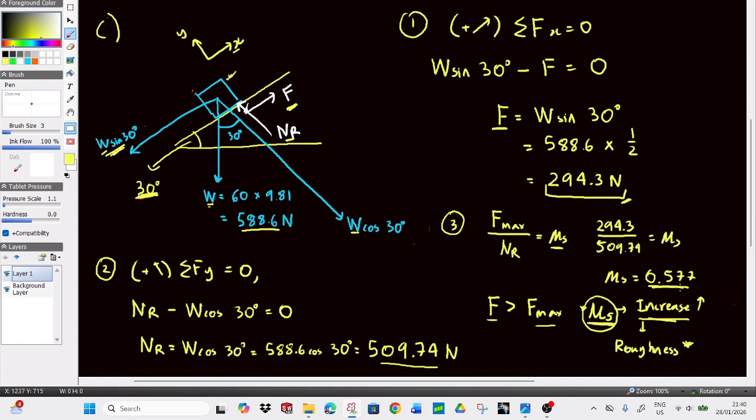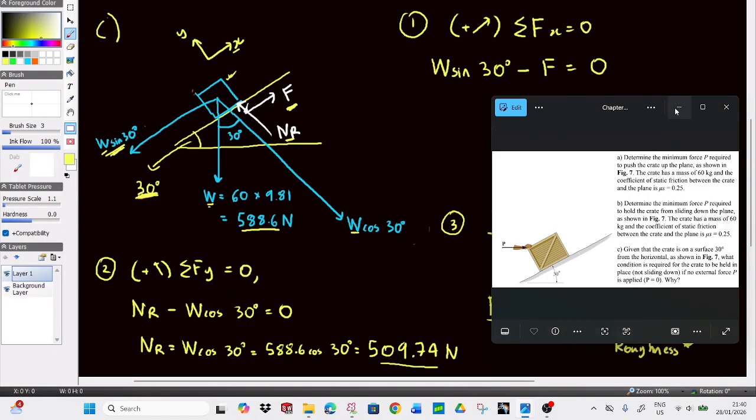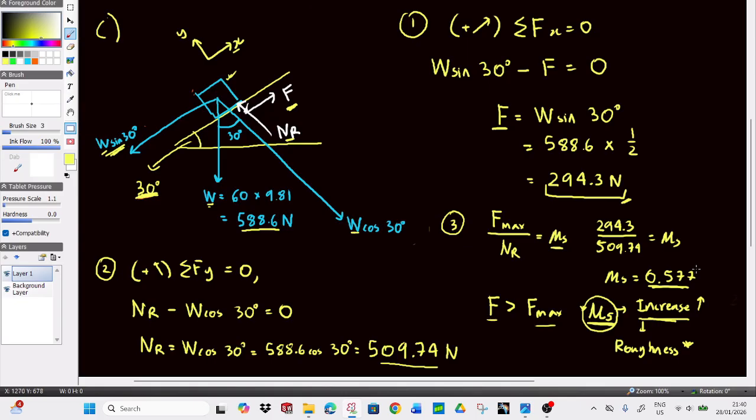But since our angle is already fixed, we just increase the roughness of the surface itself. At least make sure the surface has a coefficient of static friction of 0.577 or more, then the box will stay in place and will not move down.